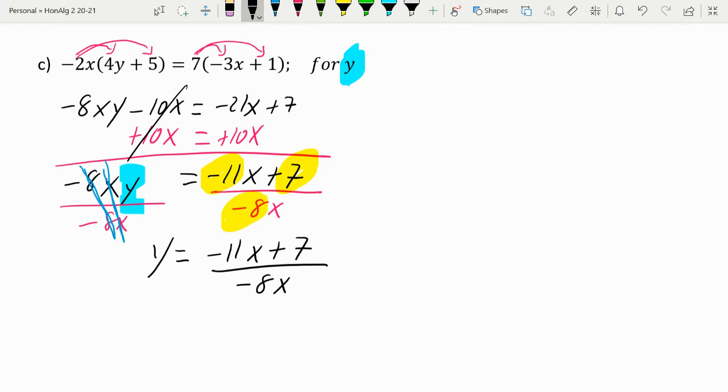Now, technically, it's not incorrect, but it's kind of frowned upon to leave it like this, because you never want to leave a negative sitting out in front like that. So all we're going to do is rewrite it. Let's make this 11x minus 7 over positive 8x.